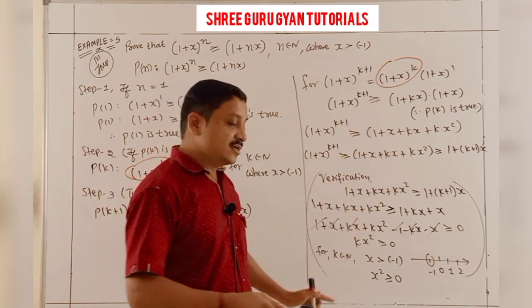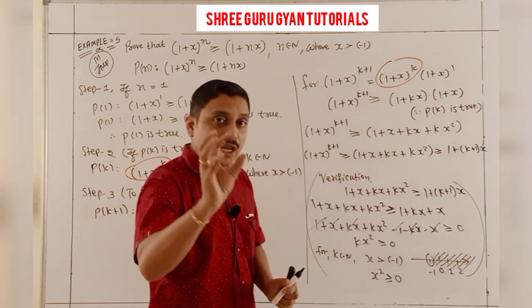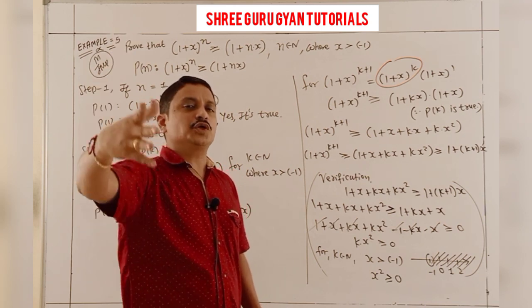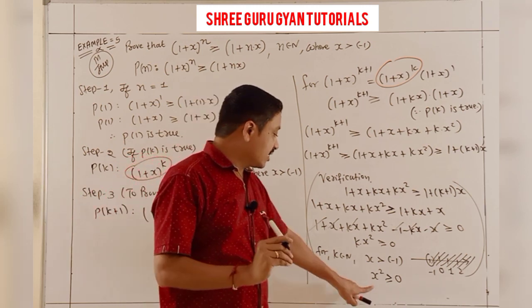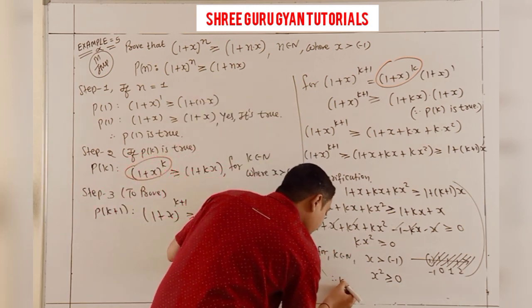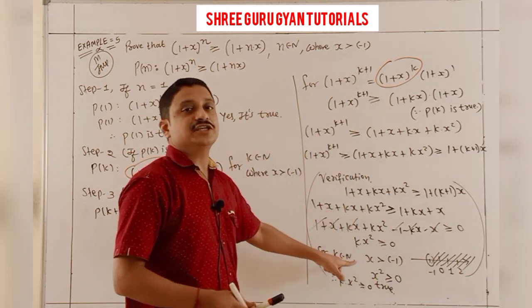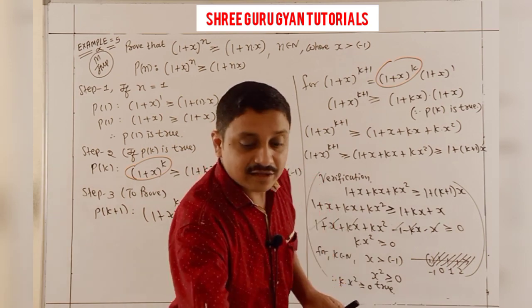So I start in this range making the square. Definitely the minimum number is surely 0 and the maximum 0.1, 0.2, 0.3, up to infinity. So that's why kx square is greater than or equal to 0 is true. It means this condition is true. So last I ended these steps.